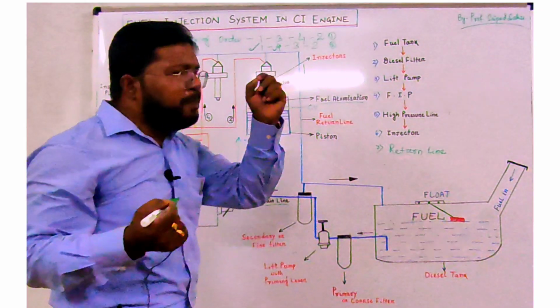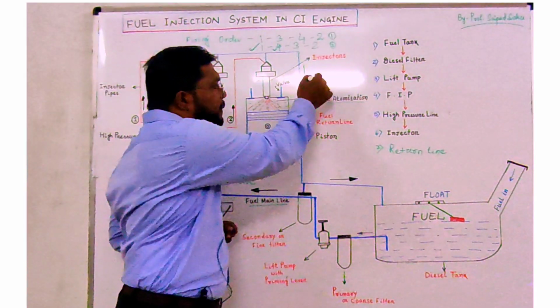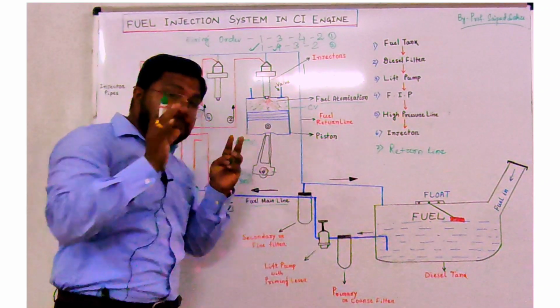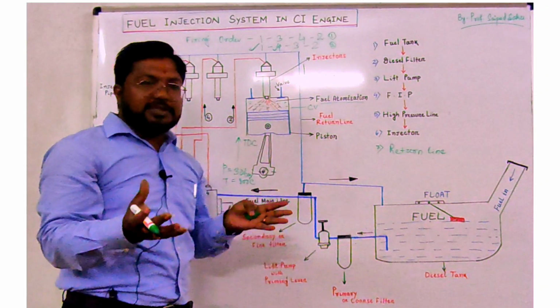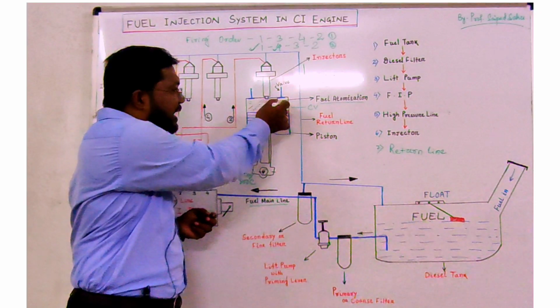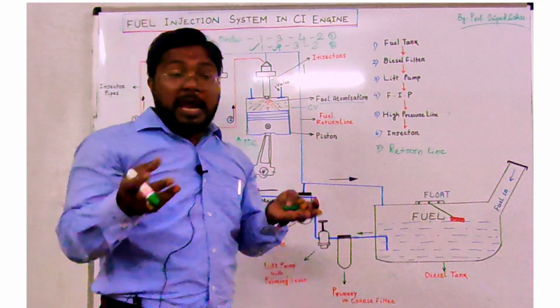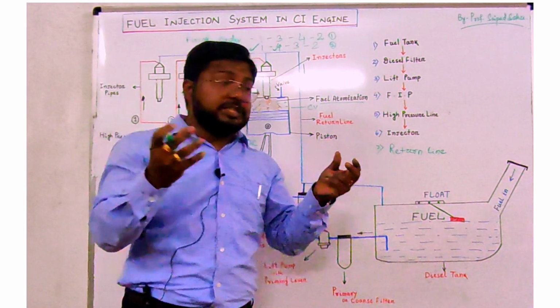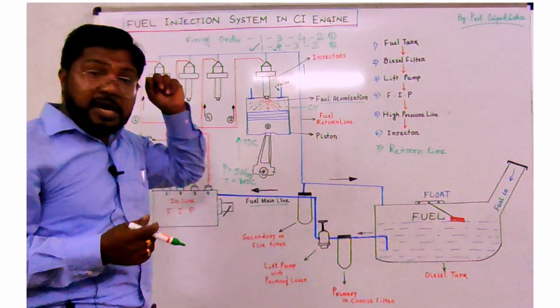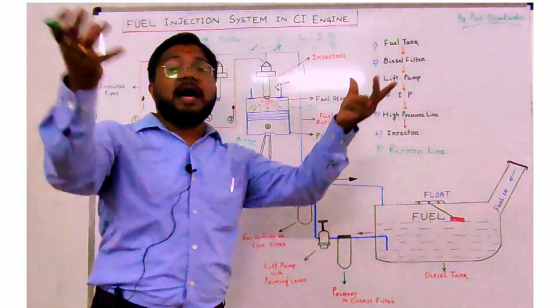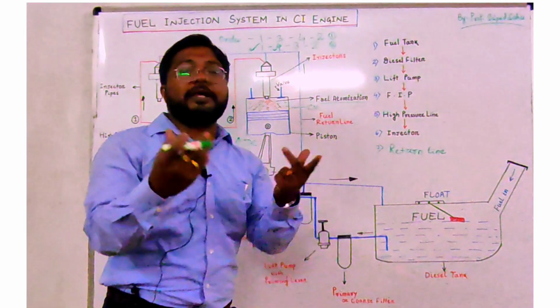As it is very small particles, the surface area decreases. As the surface area decreases, more area comes in contact with this high temperature air, so suddenly it vaporizes. It suddenly vaporizes and attains this high temperature. As it attains this temperature, suddenly a bomb blast happens and it automatically burns.